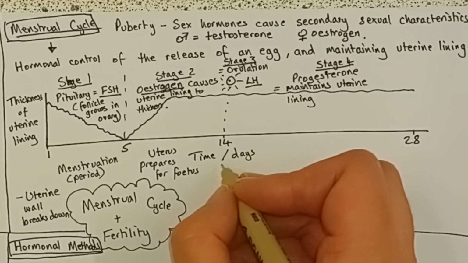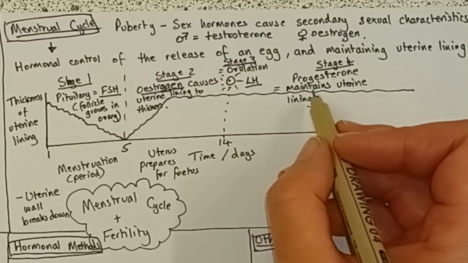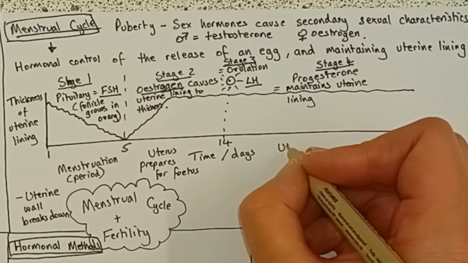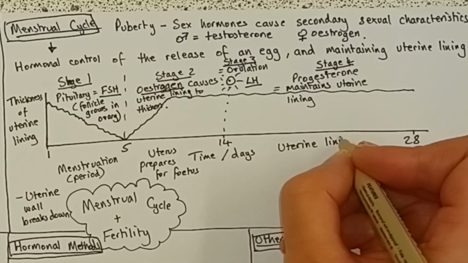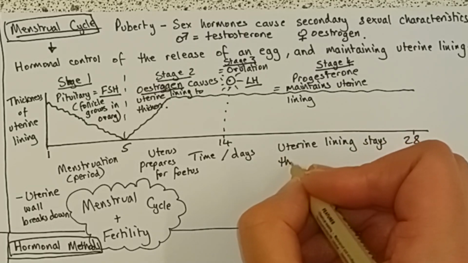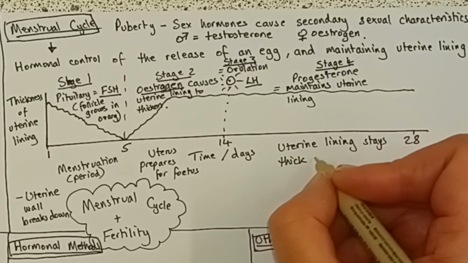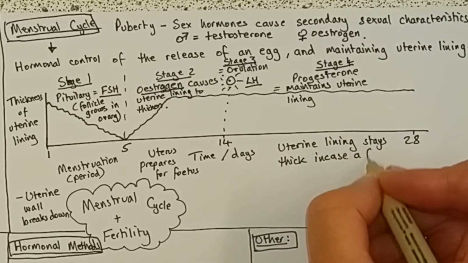Day 14 is ovulation, and stage 4 is the uterus stays thick. Uterine lining stays thick in case a baby needs to implant and grow a placenta, in case of a fetus.